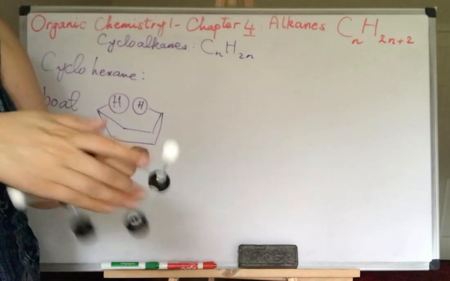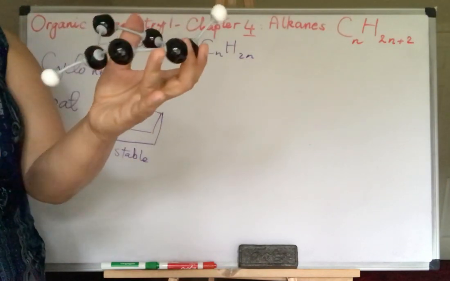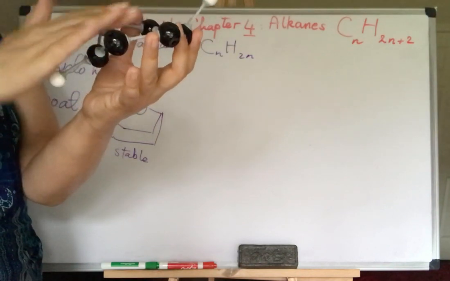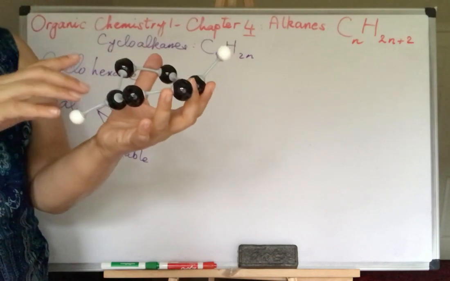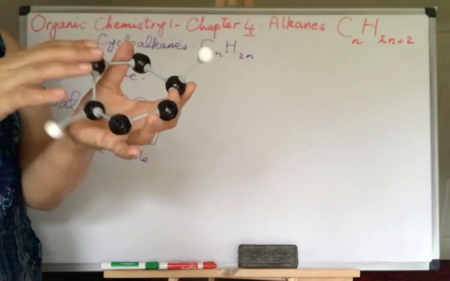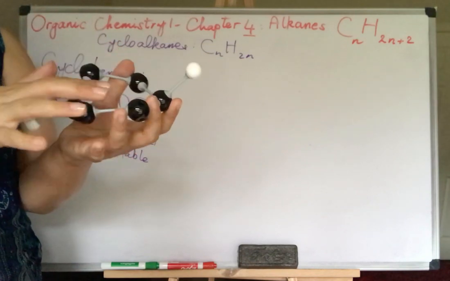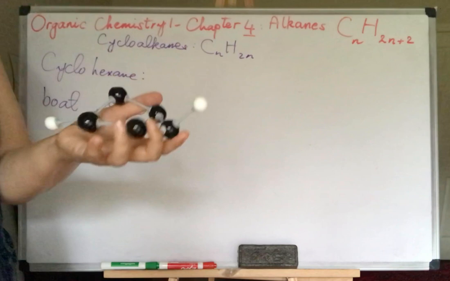All right, so you see, now your hydrogens are as far as possible from each other. There is no steric strain between them. And again, don't forget that to each carbon there are two hydrogens attached. So there are 3 hydrogens to the top.